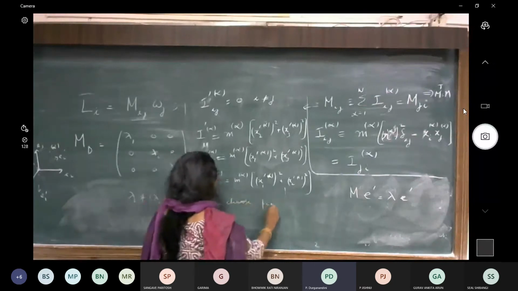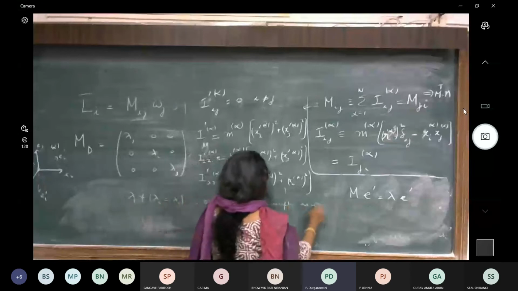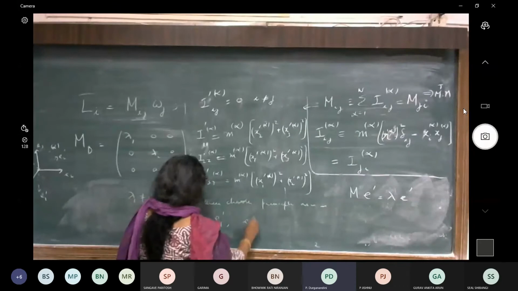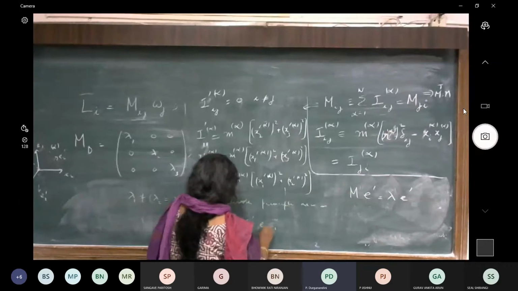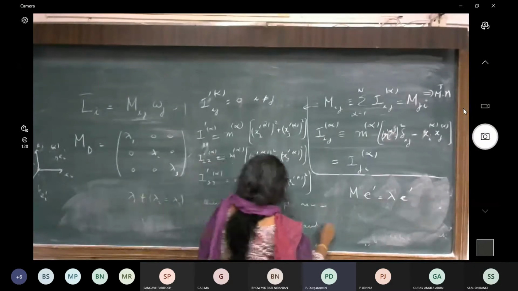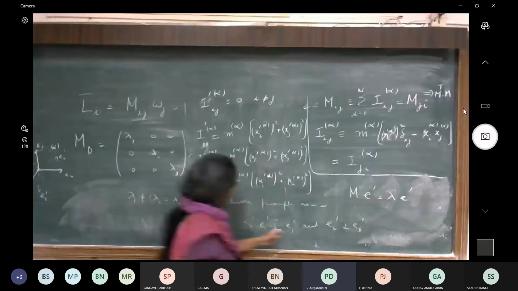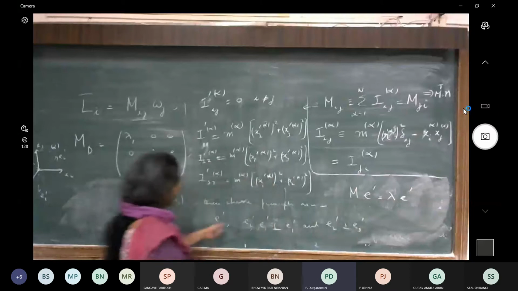Choose the principal axes as E1 prime, and then E2 prime perpendicular to E1 prime, and E3 prime perpendicular to E1 prime and E2 prime. So they lie in the plane which is normal to E1 prime and they are mutually perpendicular. So again I can choose like this.